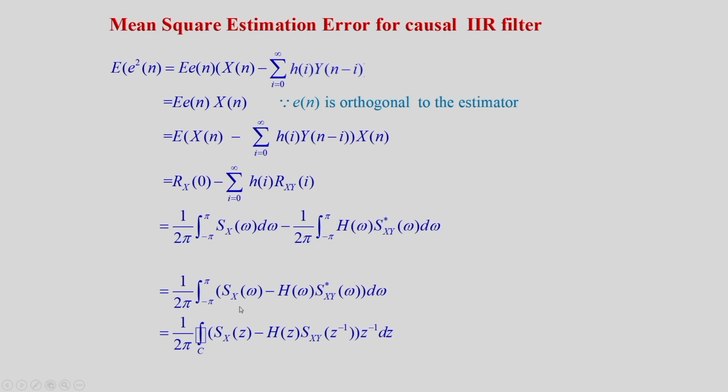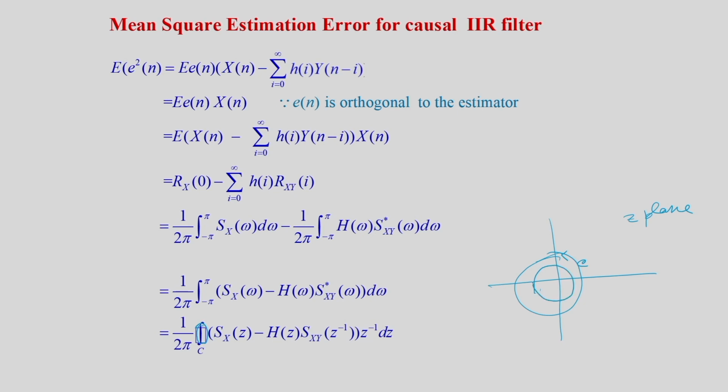Now, this same integral we can get in the Z transform domain also, where we have to perform the contour integral over a contour that includes the unit circle. So, we will consider one contour in the Z plane. This is the Z plane, and this is the contour C, which includes the unit circle.